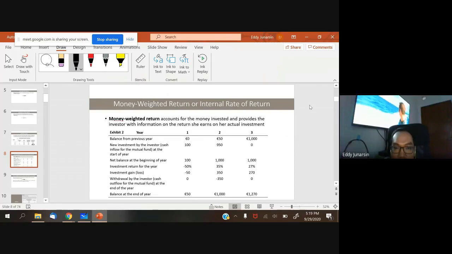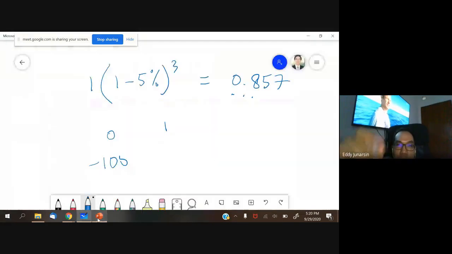You see, no withdrawal here in year 1. So this 100 was from the beginning of year 1 or the end of year 0. So year 1, no withdrawal. So 950 here. So this happened at the end of year 1 or the beginning of year 2. So we have minus 950.